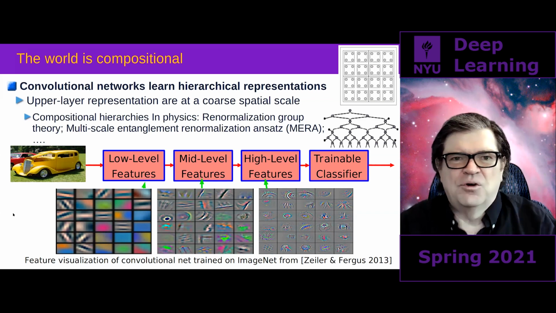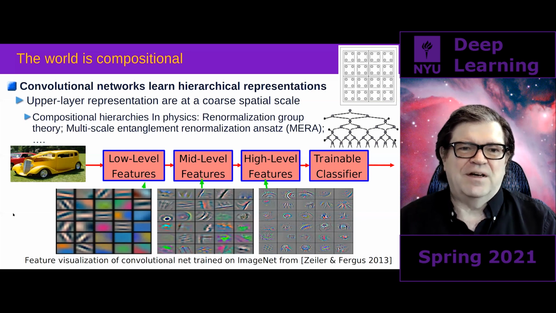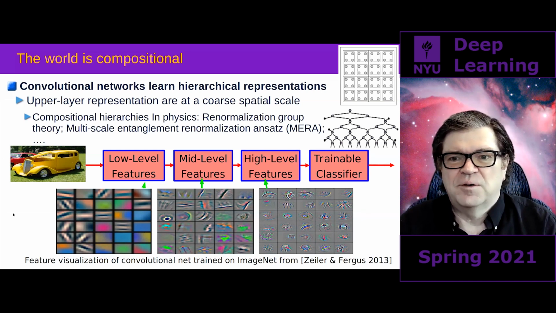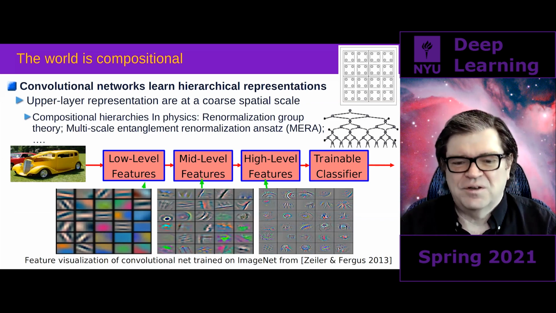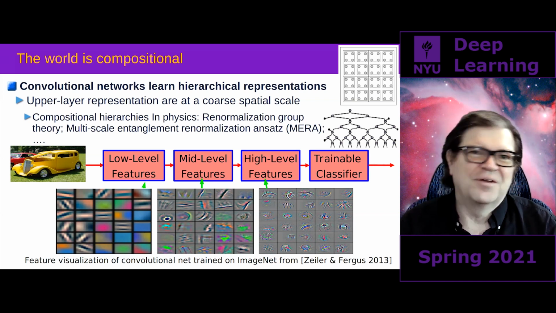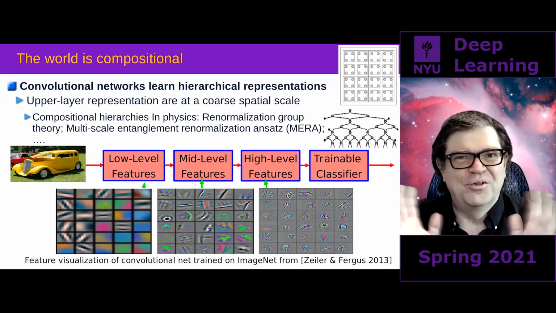And this is appropriate for natural data because the world is compositional in the sense that, in physics, this is clearly the case. We have elementary particles at the low level, or strings even at the lower level, although that's not verified.